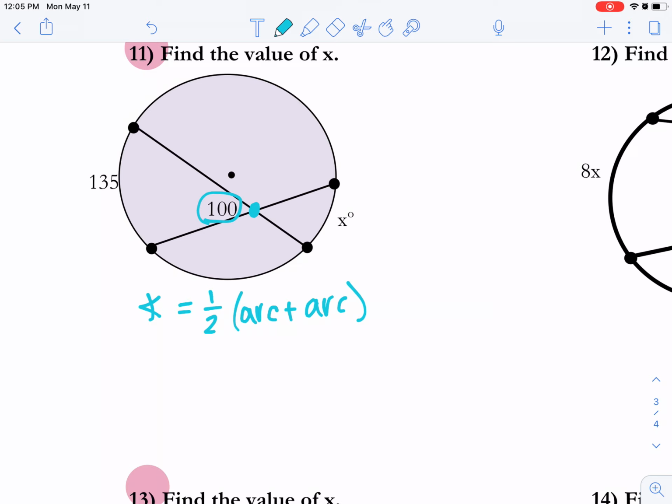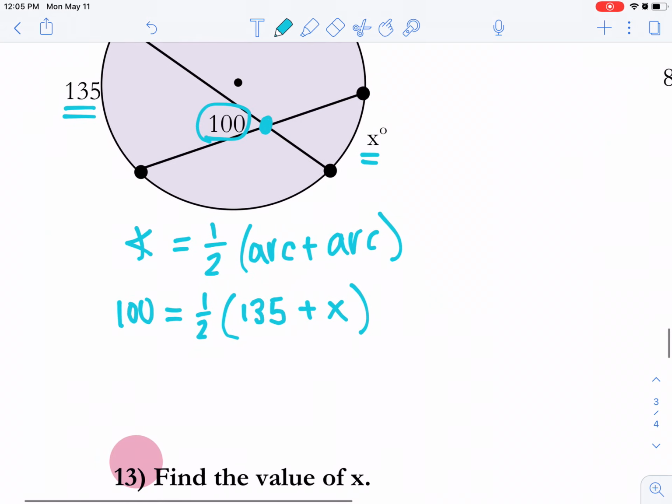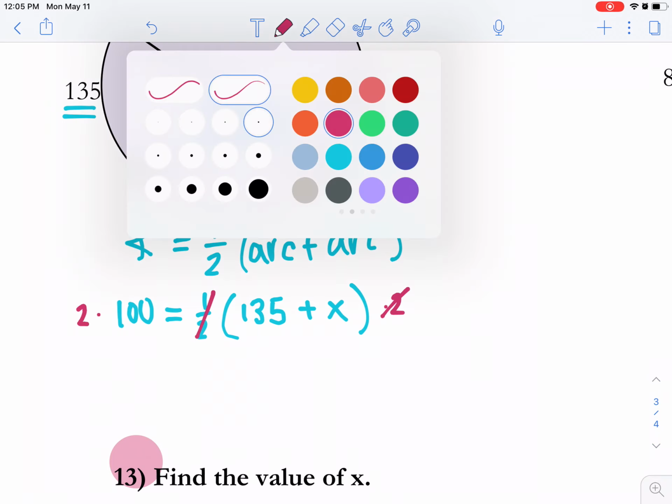The angle measure is 100. One of the arcs is 135. The other arc is x. So x happens to be inside of the formula that we're solving. So we're going to multiply both sides by 2 because 1/2 times 2 is just 1.